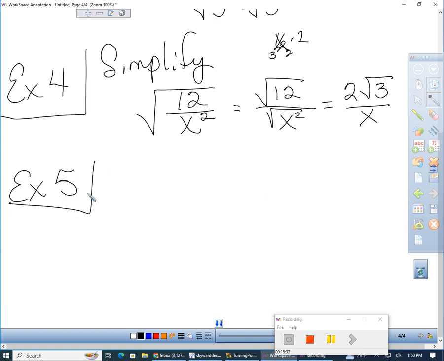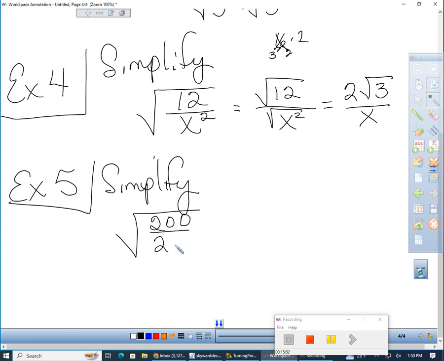Example number 5. Okay, what's the very first thing we should do?